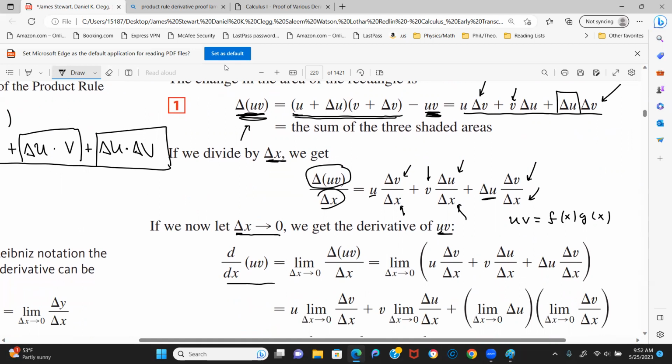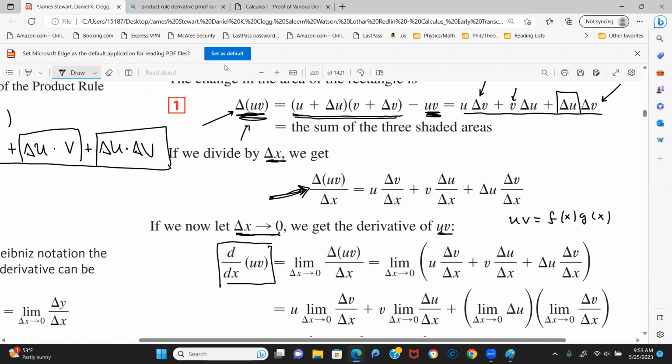So when we take this equation right here, let me erase some of this nonsense because it's kind of cluttered. When you divide this by delta x, you get this. And then when you let delta x go to zero in this equation right here, you get the derivative by definition.